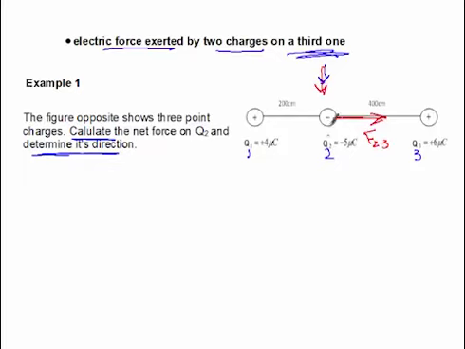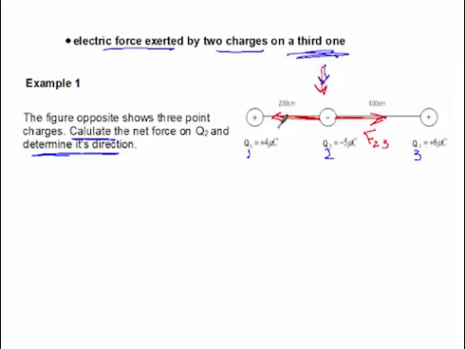Now remember that we are here concentrating on the force acting on Q2. Also here, Q1 is positive. So how is it going to act on Q2? Again, it is going to attract Q2. So Q2 is attracted by Q3 and also attracted on the other side by Q1.